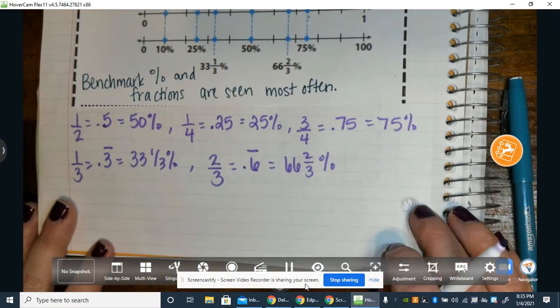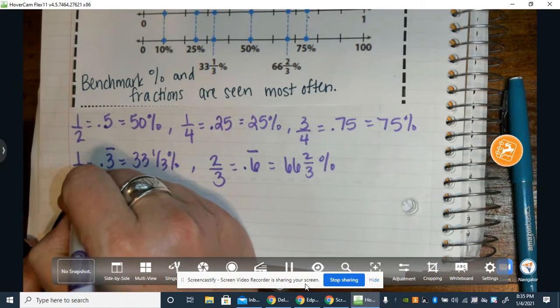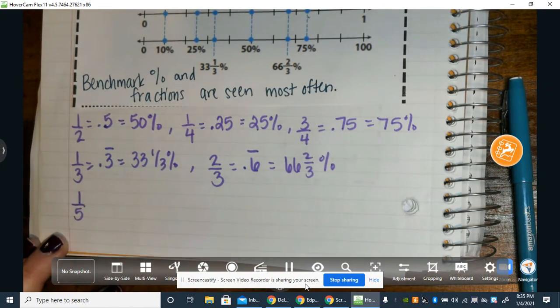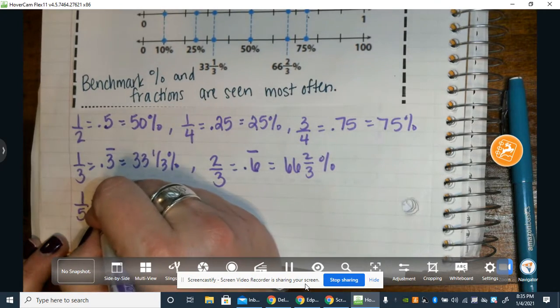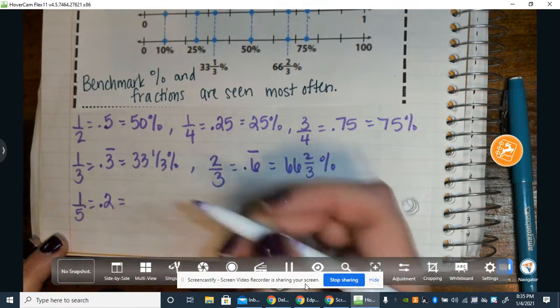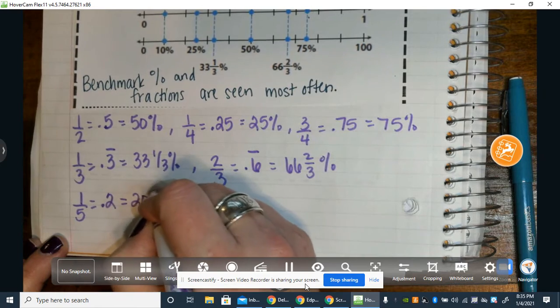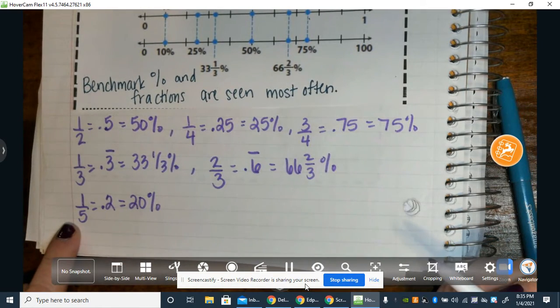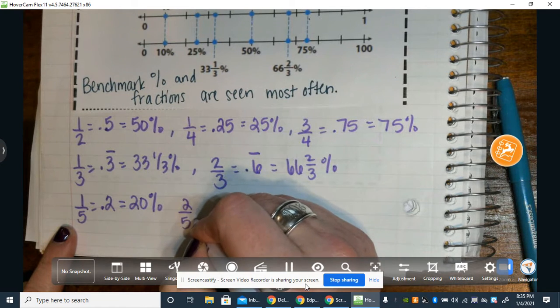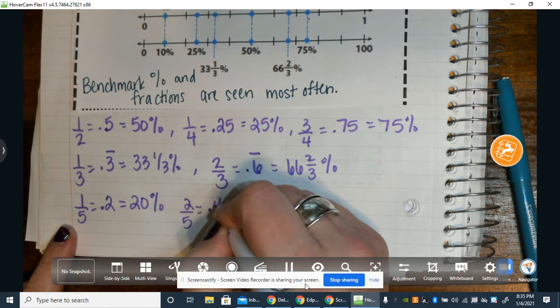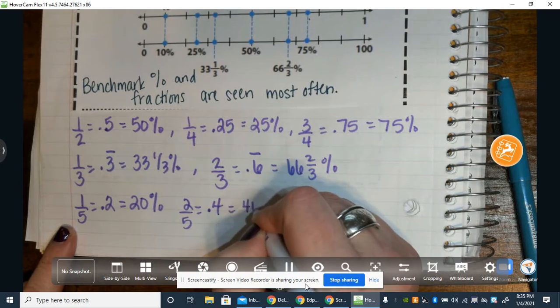We also have fifths, another benchmark. We have 1/5, which is 2/10, which is 20%. We have 2/5, which is 4/10, which is 40%.